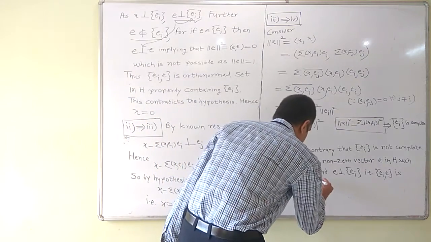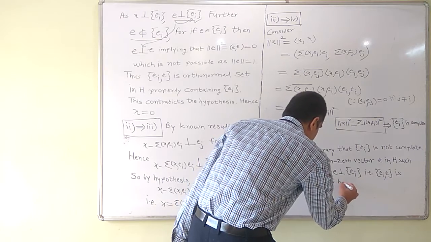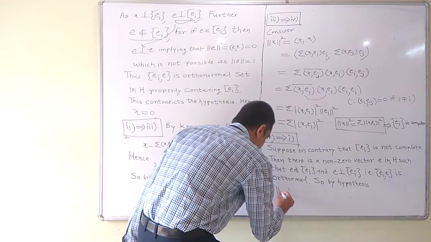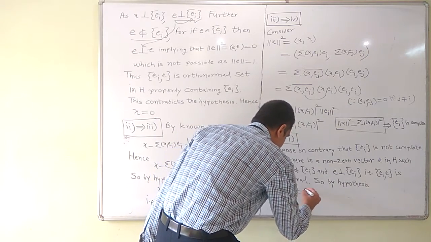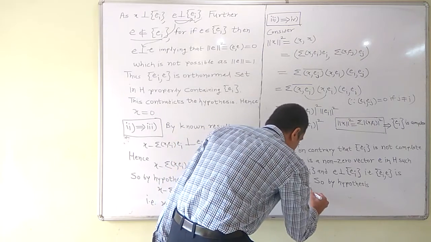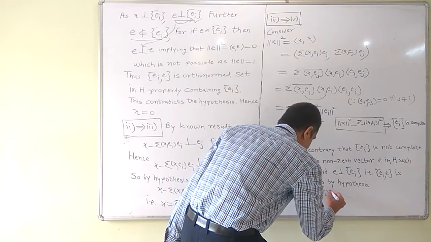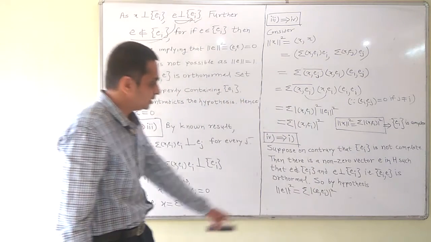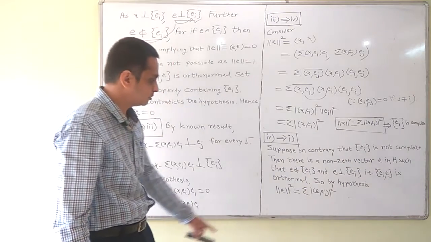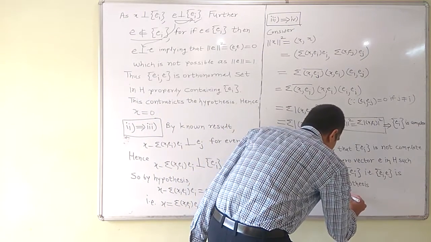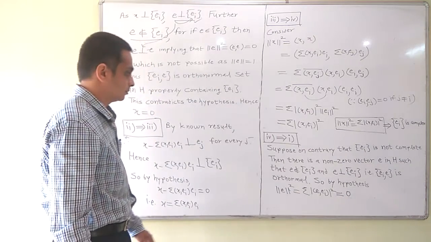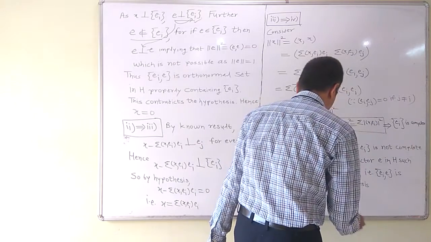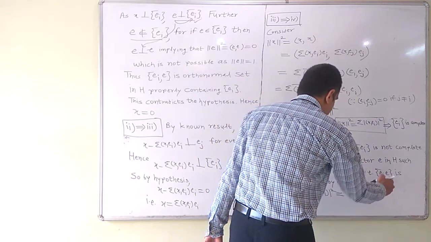So by hypothesis, we can find that norm of E square equals summation mod x ei square, that is, in this case x is E, but since E is orthogonal to each ei, we have this to be equal to 0, and this is an orthonormal set.